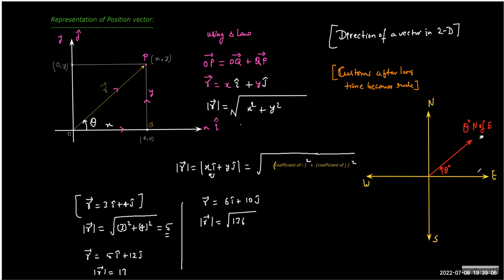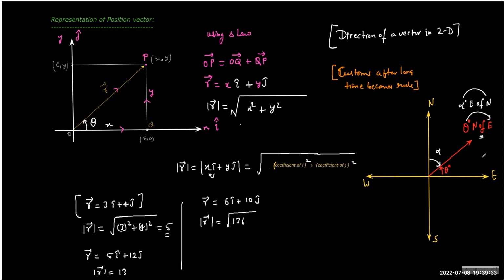If I take this as the angle, let's call it alpha. You can write alpha degree east of north, because now I am expressing the angle with north. So alpha goes with north, theta goes with east. Is this clear?